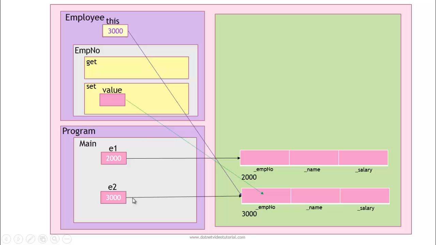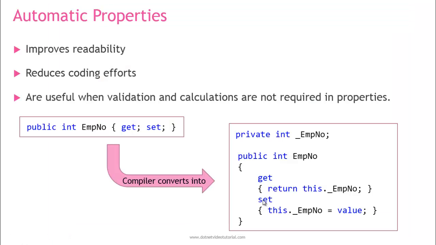Same way, when you call e2 dot EmployeeNumber is equal to 2, again the address of e2 will get passed to this, so this will start pointing to object e2, and 2 will get in the value variable, which you will assign to _employeeNumber of e2.